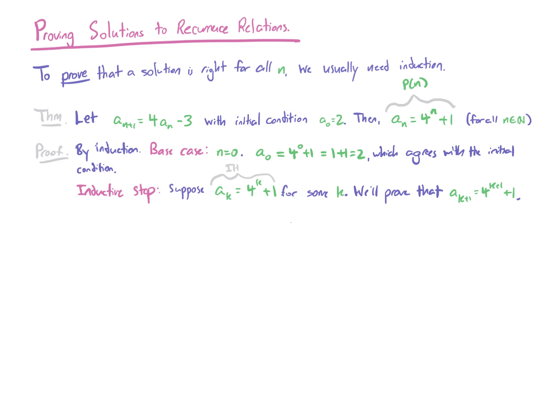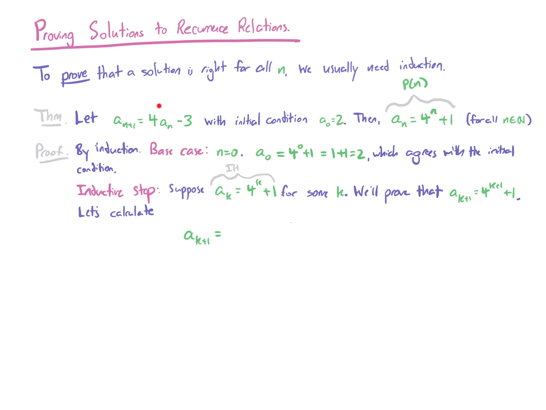So let's calculate, and this calculation now is going to be very similar to the informal guess and check calculation that we did before. We're just going to take a little time and justify our steps. So let's calculate a sub k plus 1. The first thing that we need to do here is use the definition of the recurrence relation that we're given.